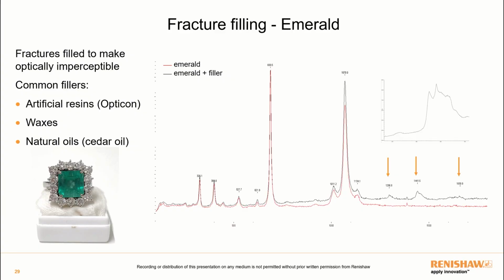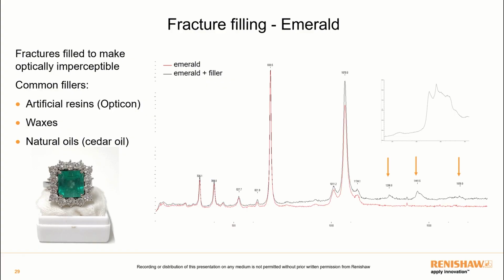In emeralds, the most used crack filling materials are of organic nature, like oils or artificial resins or waxes. Therefore, the choice of the laser for the excitation should fall onto a near-infrared one, like the 785 nanometers. Never a 633 nanometers one, as emeralds contain chromium that will strongly fluoresce.